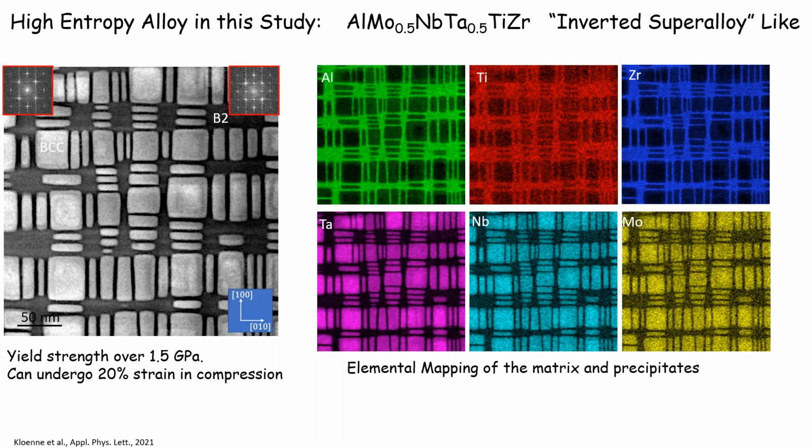Many people have done this in many other institutes, but we were one of the earlier ones to measure the actual compositions of those precipitates. On the right side, you can see the lighter region, the cube regions, are enriched in tantalum, niobium, and moly. But the channel, the B2 phase, is enriched in aluminum, titanium, and zirconium. Those are quick results coming from the EDS analysis.